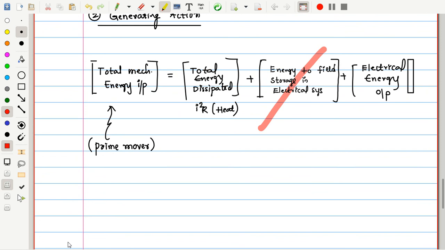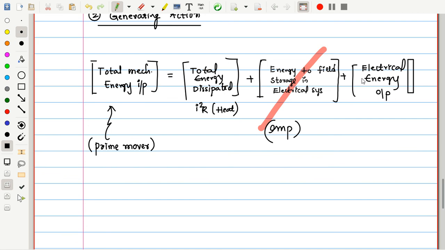So we deal with the energy storage in a magnetic field. This is a very important term. Once we understand the stored energy in a magnetic field, then all electrical machines try to extract this stored energy to get the mechanical output or the electrical output. That is what electrical machines do.